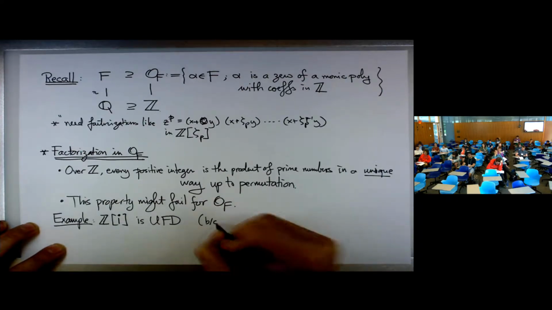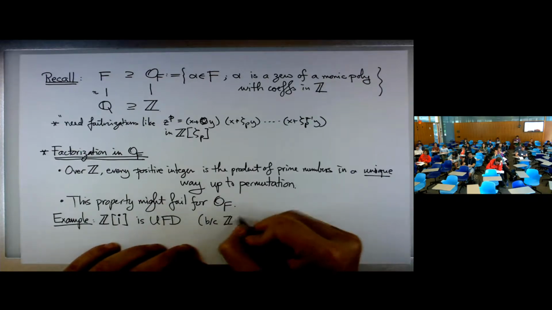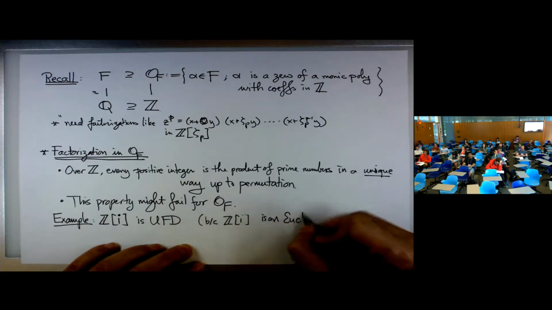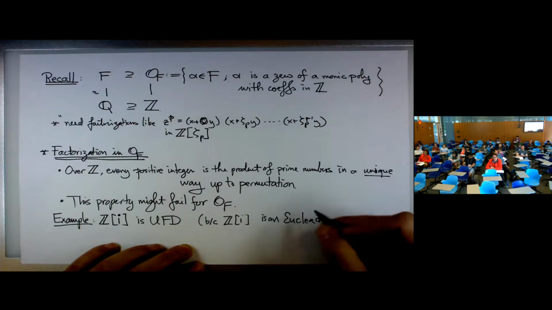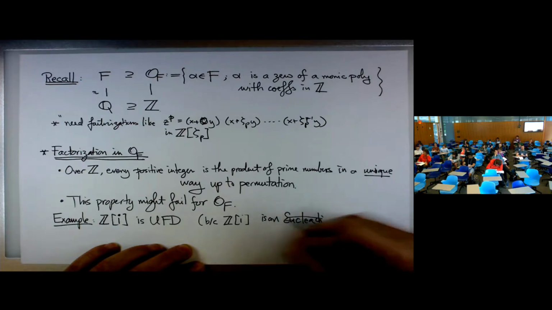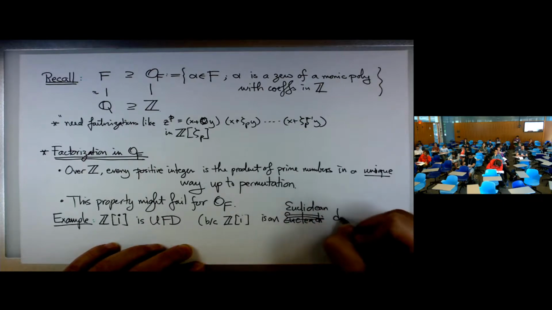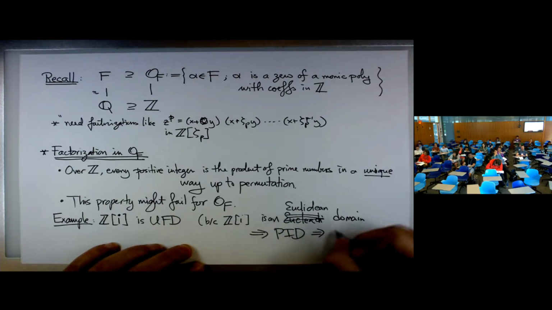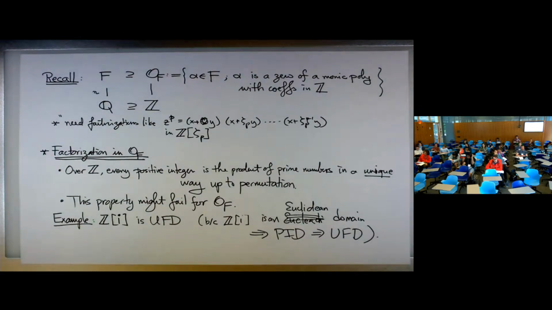The reason, I think you learned this from abstract algebra, is that Z[i] is a Euclidean domain. And this implies it's a PID, a principal ideal domain, and therefore a unique factorization domain.